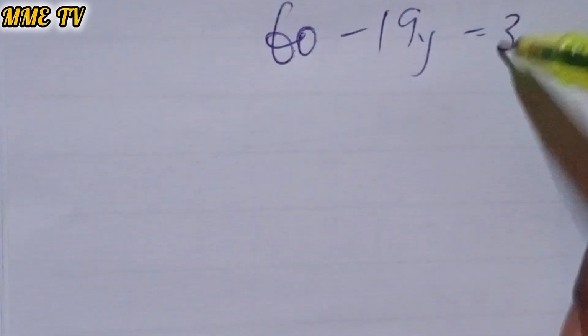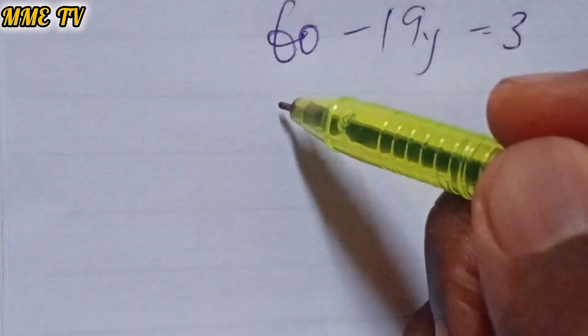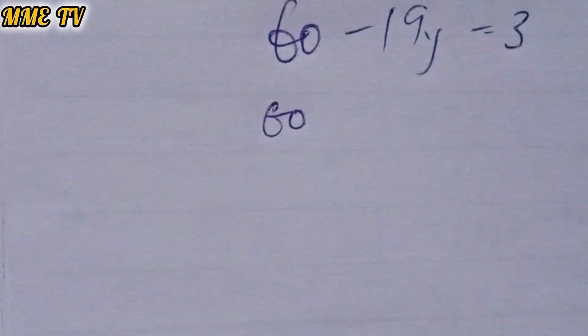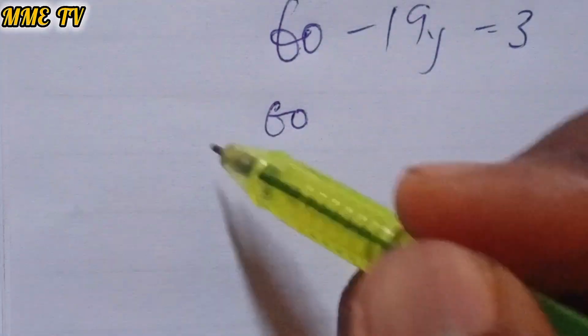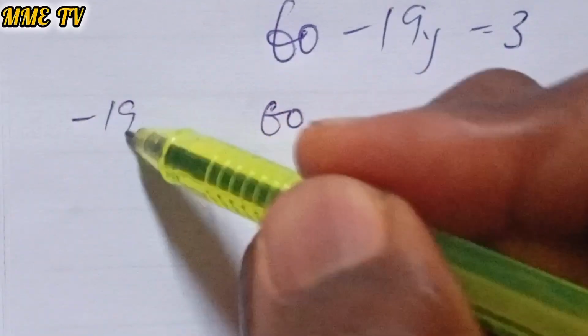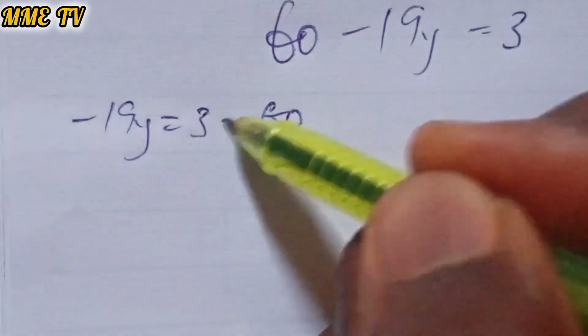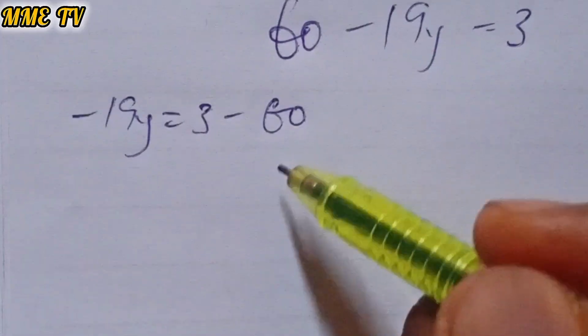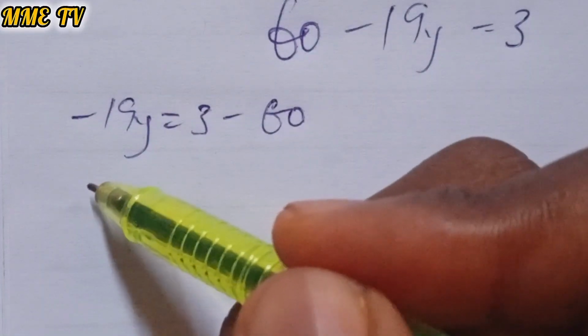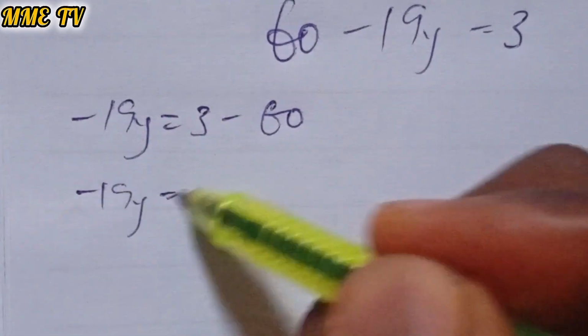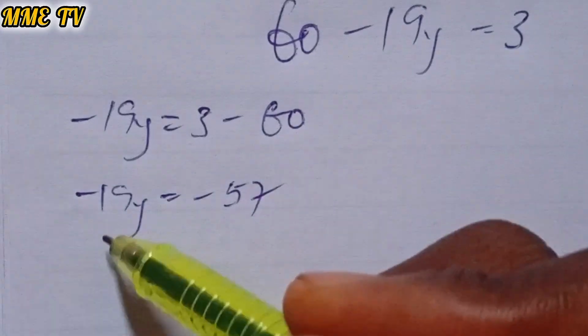Okay, so the next is from where we stopped, 60 minus 19y is equal to 3, right? So minus 19y is equal to 3 minus 60, which is going to be minus 19y is equal to minus 57.